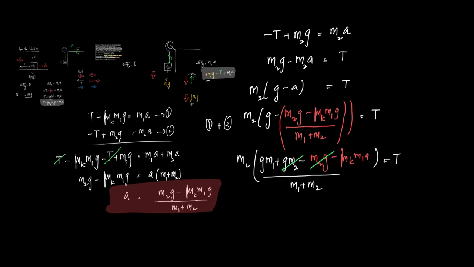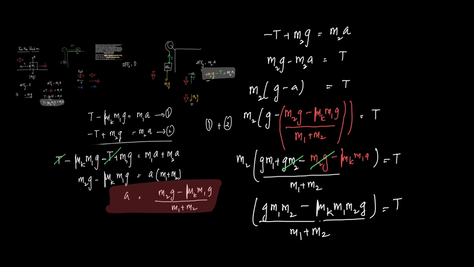And next, m2 can be multiplied inside. So what we get is g into m1 into m2 minus mu k into m1 into m2 into g, the whole divided by m1 plus m2 is equal to T.